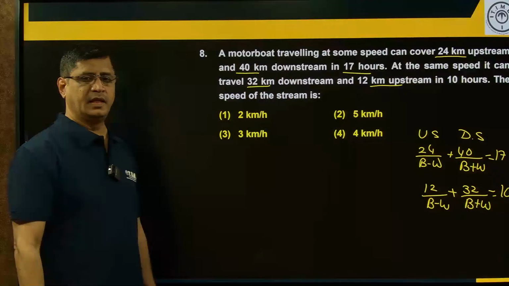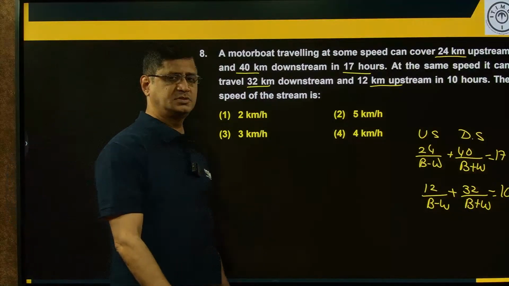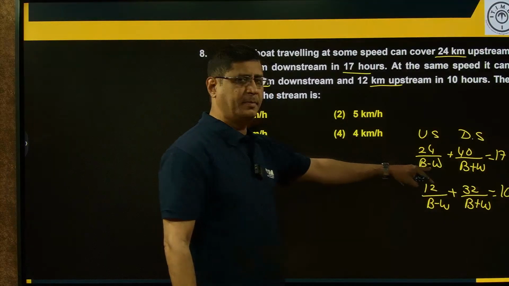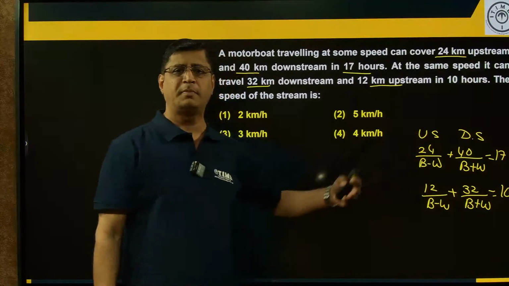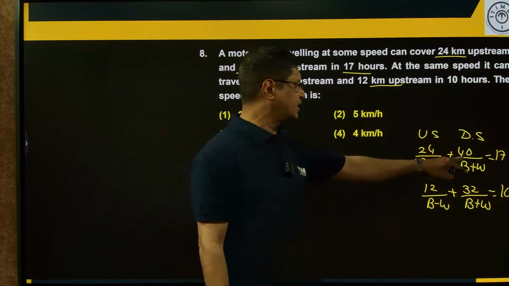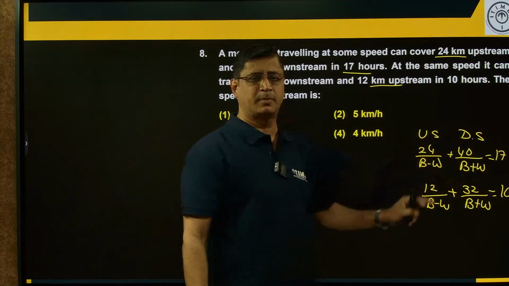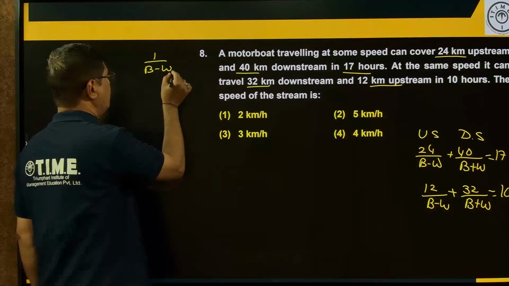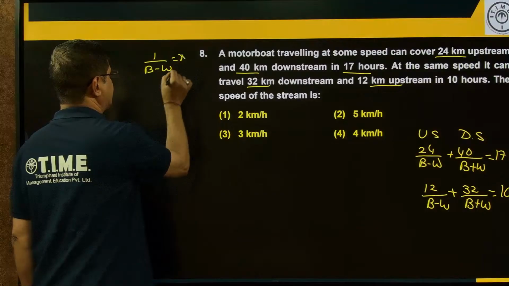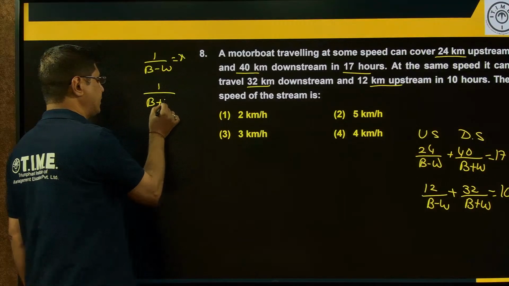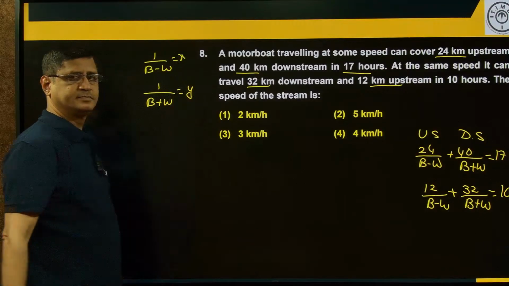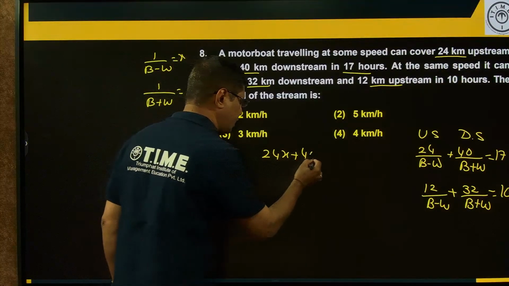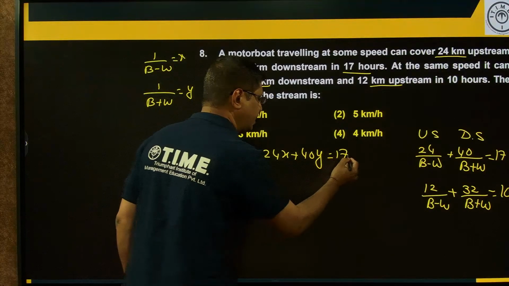Okay. Now simplify this, you will get the value of W. Here, what do you mean by this 20 by B minus W? It means 20 into 1 by B minus W. Similarly, 40 into 1 by B plus W. Let us assume 1 by B minus W as X, 1 by B plus W as Y. So what you will get here? 20x plus 40y is equal to 17.